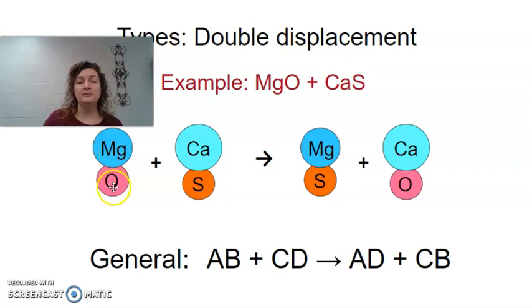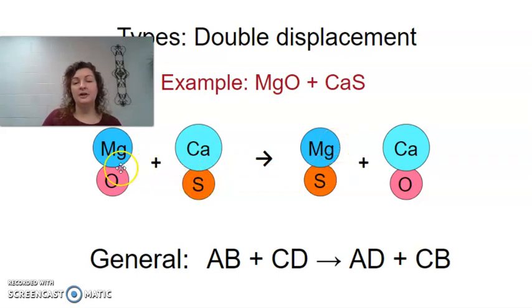So we have magnesium and oxygen as a compound, and calcium and sulfur as a compound, and now we're going to swap partners. So magnesium used to be with oxygen, now oxygen went to calcium. Calcium used to be with sulfur, now sulfur is with magnesium, right?